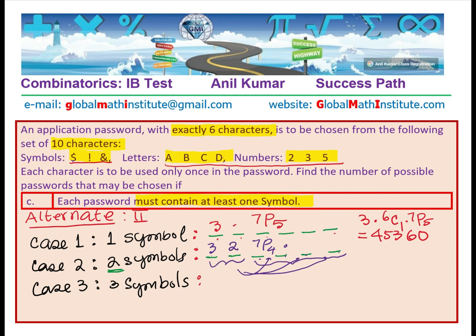So, since these two can be anywhere, what we have for this is 6C2 combinations. And when we multiply 3 times 2 times 7P4 times 6C2, what do we get? So that is the number of ways in which we can make a password with two symbols. Is that clear to you? Well, I get this as 75600.